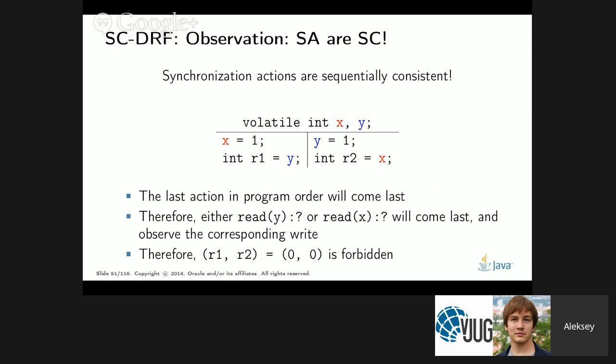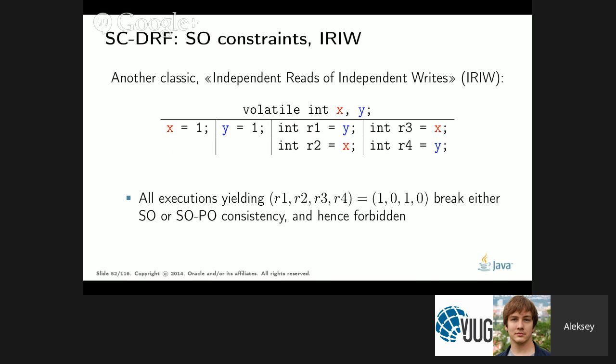And this is a really interesting property of the spec. I can show you that on a more complicated example, which is called independent reads of independent writes, or IRIW.